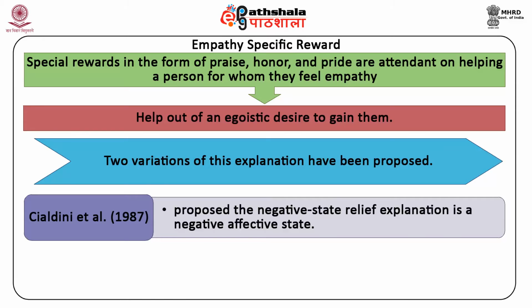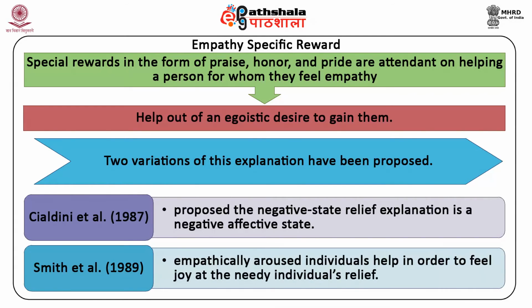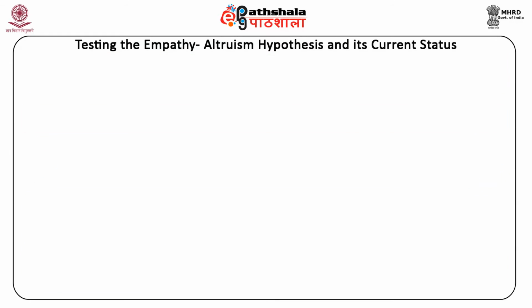A second variation on an empathy specific reward explanation was proposed by Smith et al., where they proposed that rather than helping to gain the rewards of seeing oneself or being seen by others as a helpful person, empathically aroused individuals help in order to feel joy at the needy individual's relief.